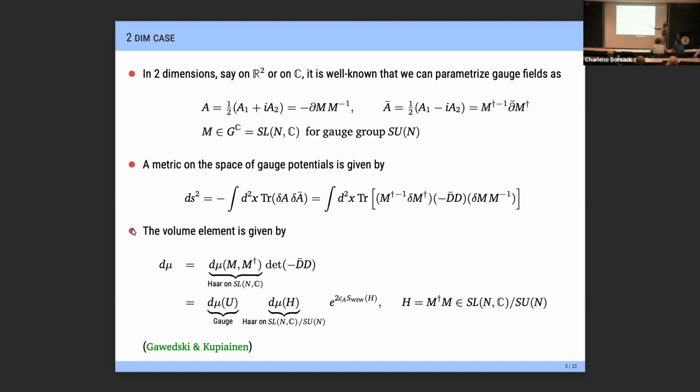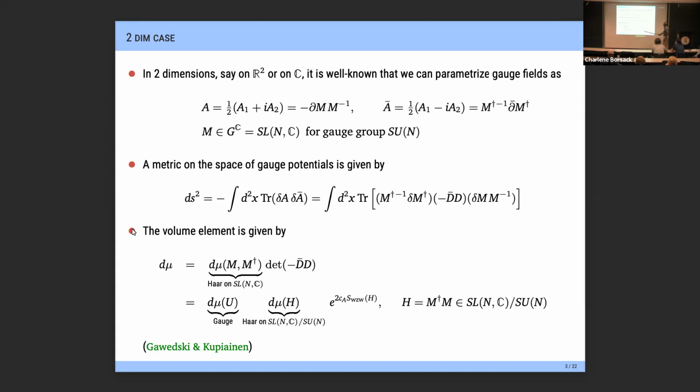And then you notice that there are these 2 slots, which together would form the SL(N,C) Cartan metric. Therefore, from here, we can read off the volume element in the following way: you would get the determinant of this D D-bar operator here, and the measure, our measure on SL(N,C), of course, over all the points in space.